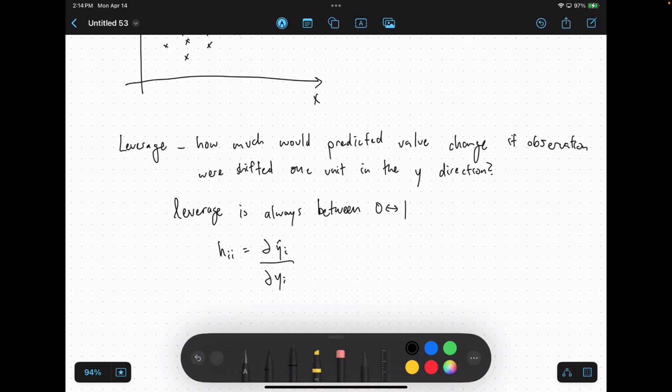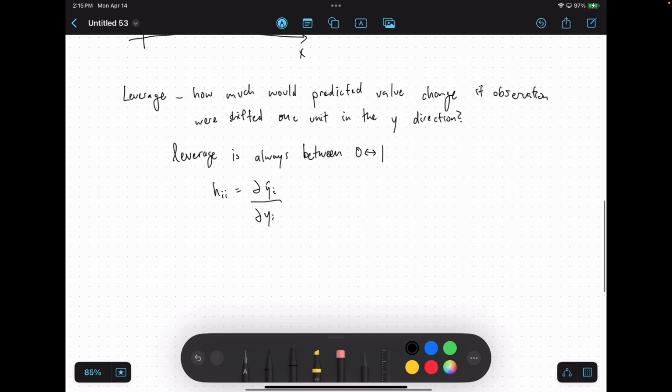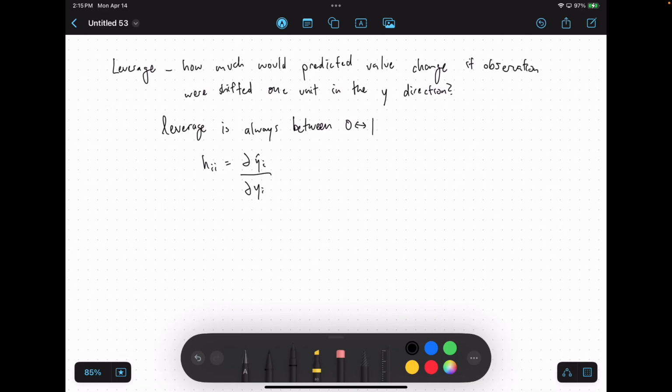Let me not go too much into detail here, because I think the intuition will become clearer when we do the example. I'm just going to jump straight to the second one, which we call influence. You may also hear it referred to as Cook's distance.